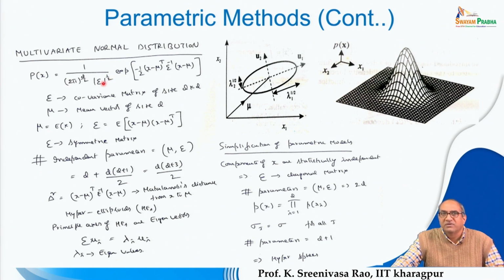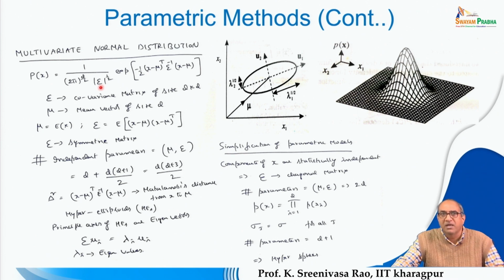Here sigma is known as a covariance matrix, because it is multidimensional data. Earlier we had only one variable, so we said sigma is the spread. Here also it represents the spread only.